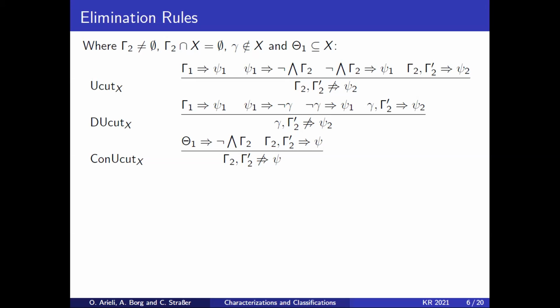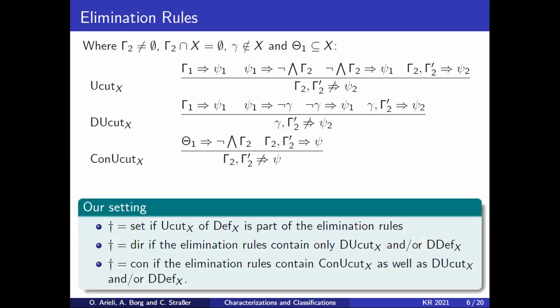And we consider consistency attacks, which make sure that arguments that have a consistent support can also be attacked. So as a result, we have three settings: set attacks, direct attacks, and consistency attacks, which in addition to the direct attacks also contain the consistency attacks.